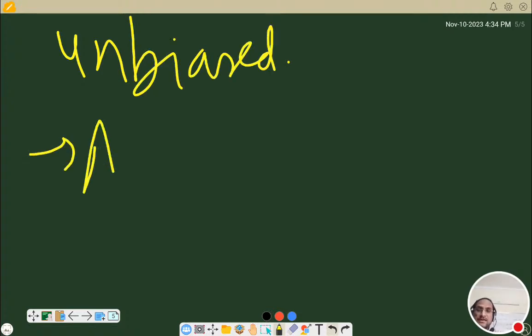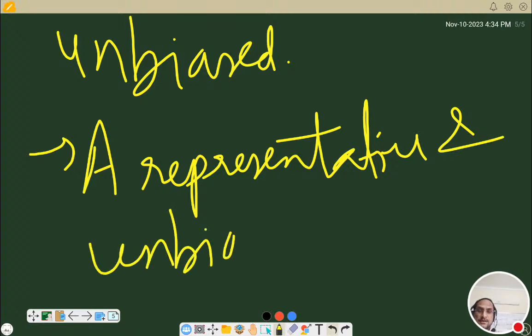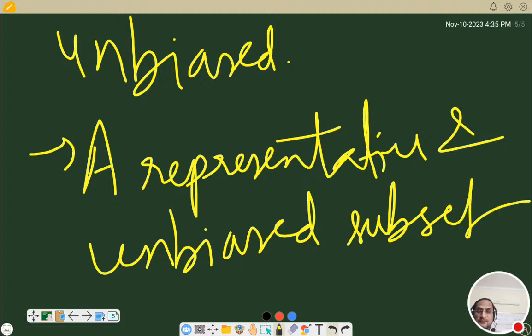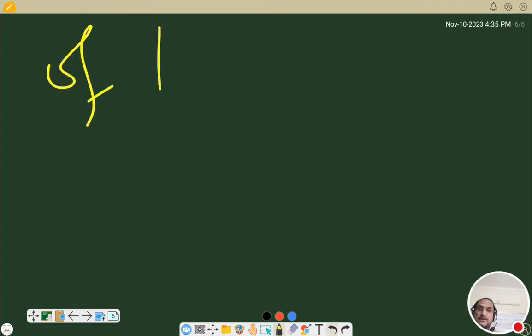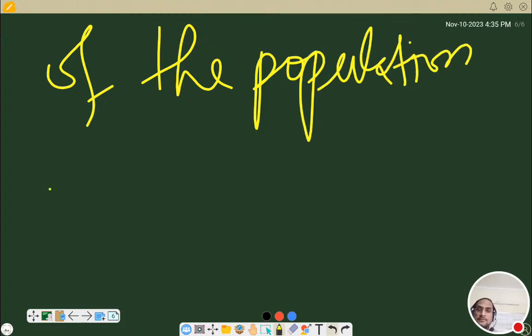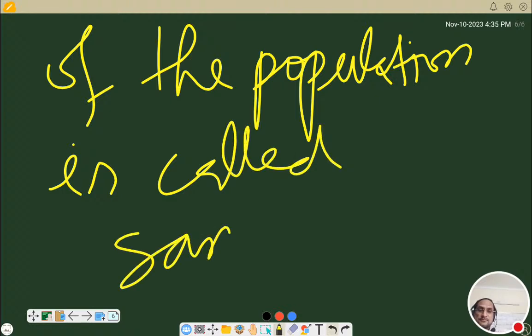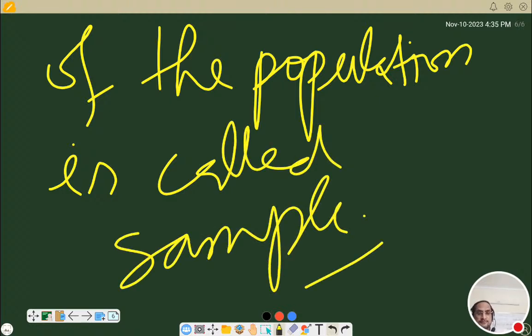So a representative and unbiased subset of the population is called a sample. Fine, this is the definition.